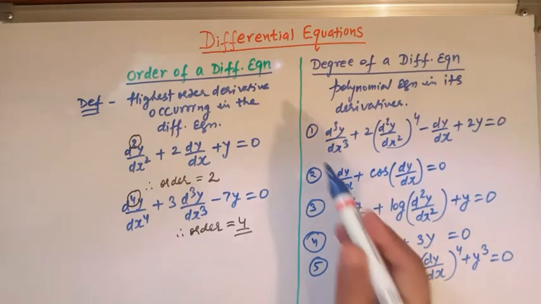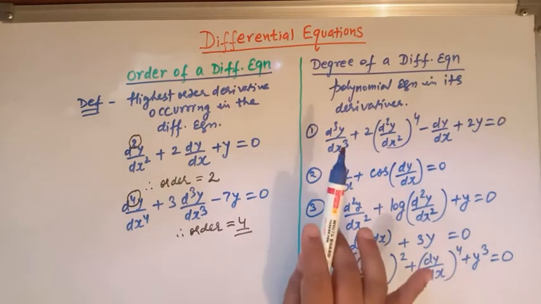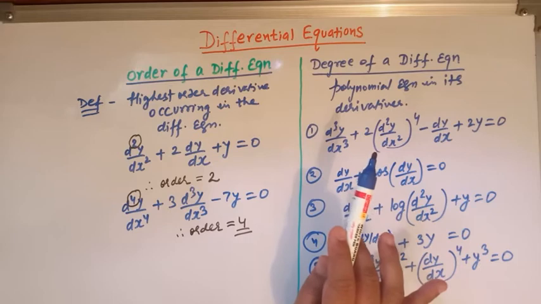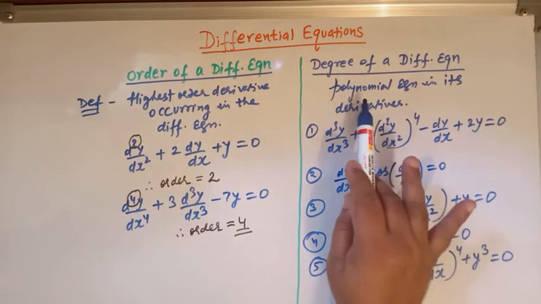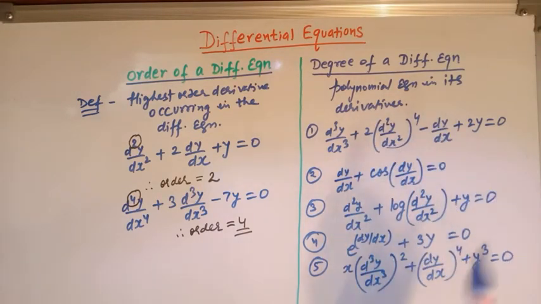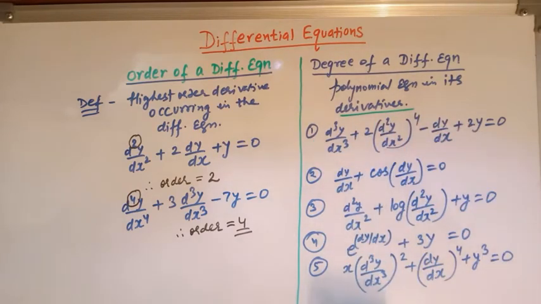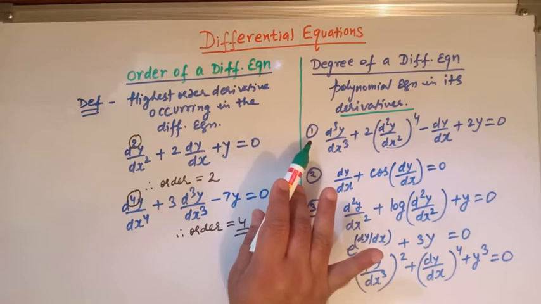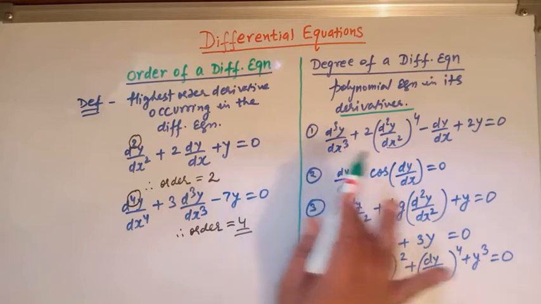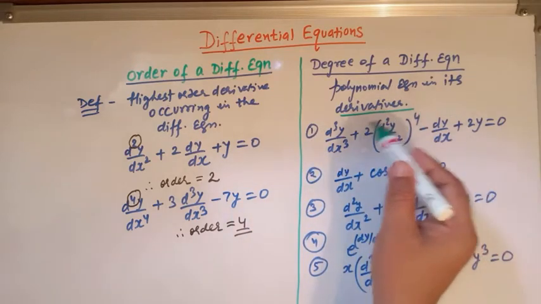Now viewers, here the degree of a differential equation is defined if it is a polynomial equation in its derivatives. Clear? Now viewers, here I have listed out 5 examples where we see that the first equation is a polynomial equation in the derivatives. Clear?